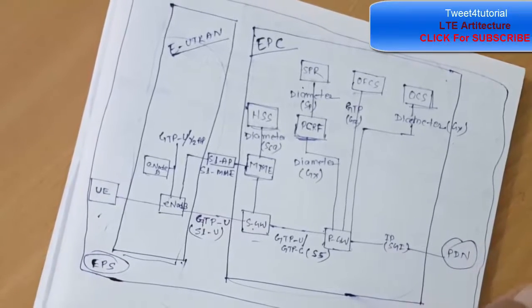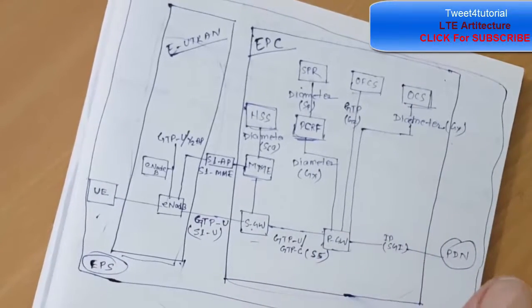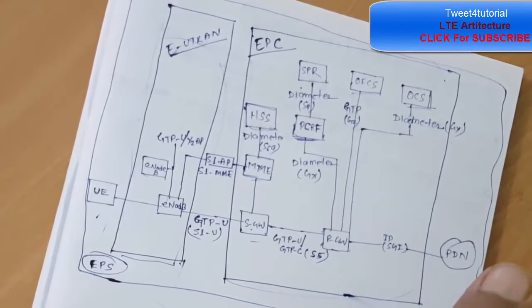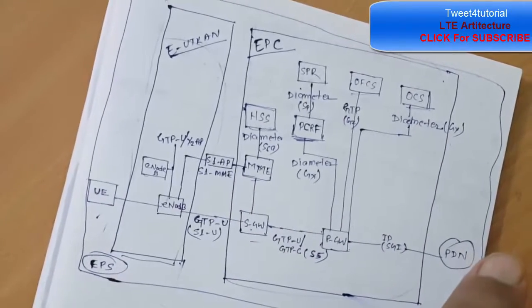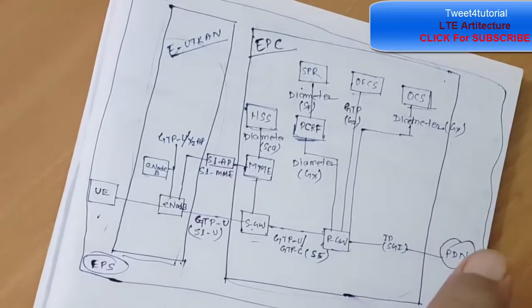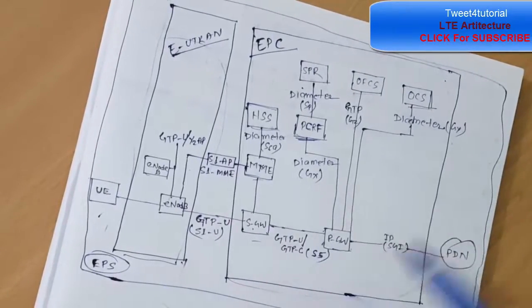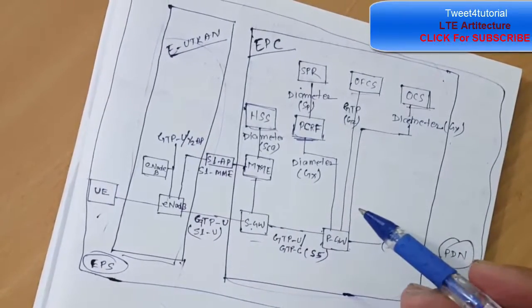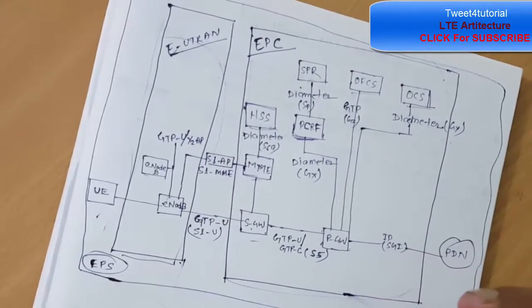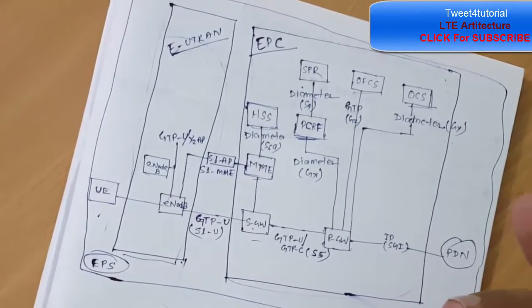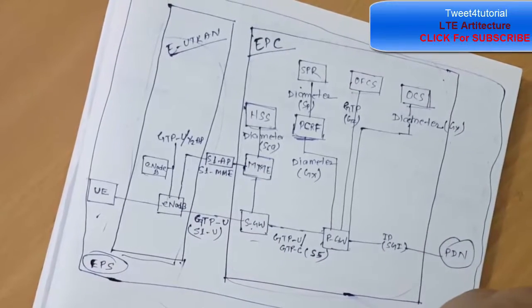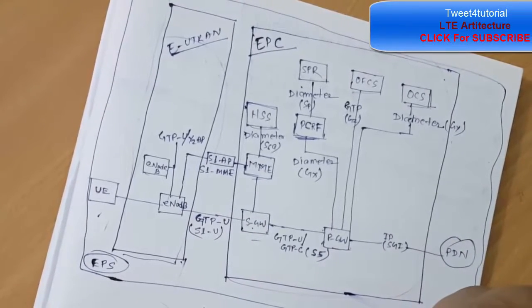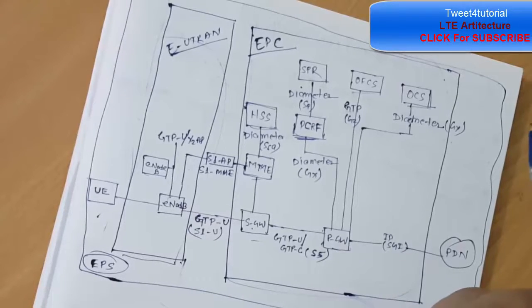These are the overall structures of this. The LTE network, called EPS, the Evolved Packet System, is an end-to-end all-IP network. EPS is divided into two parts: the LTE part, which deals with the technology related to the radio access network, and the EPC part, which deals with the technology related to the core network.